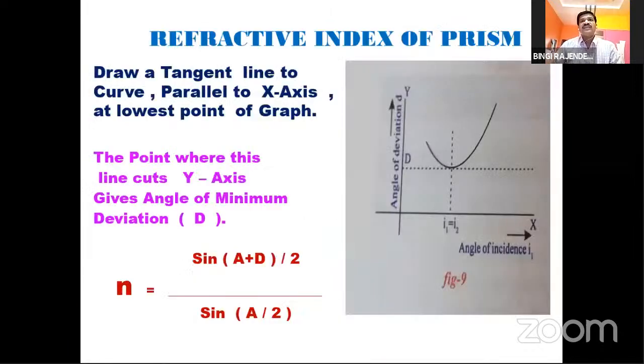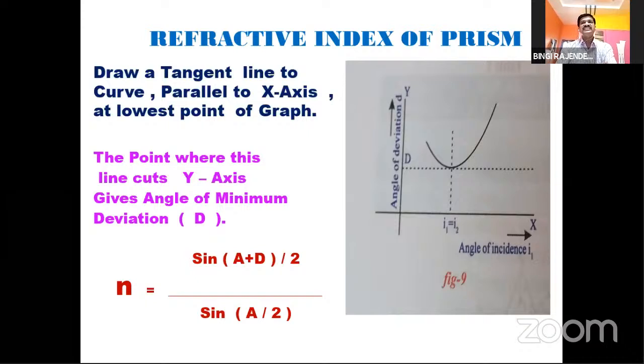Now we observe this graph, also the refractive index of the prism. If you take the values of I and D, we can get this curved graph. For this curved graph, we can draw a line parallel to the x-axis, that means parallel to the angle of incidence.